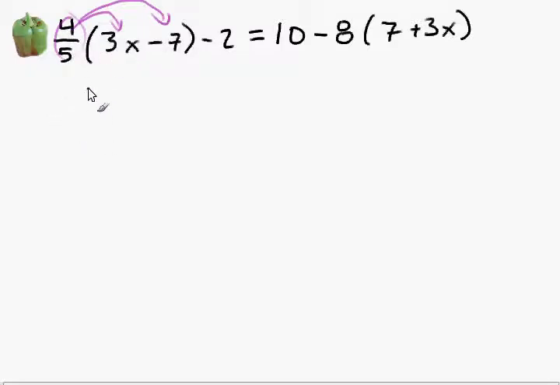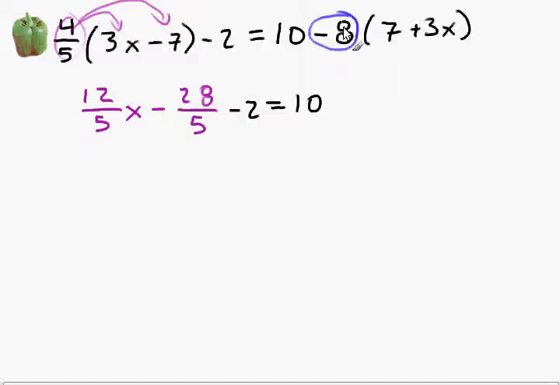So this is 4 times 3. That's 12. And it's still divided by 5, x. 4 times 7 is 28. And it's still negative and still divided by 5. And we're still subtracting 2. Next, we're going to want to distribute this negative 8. It's not just 8, it's the negative 8.